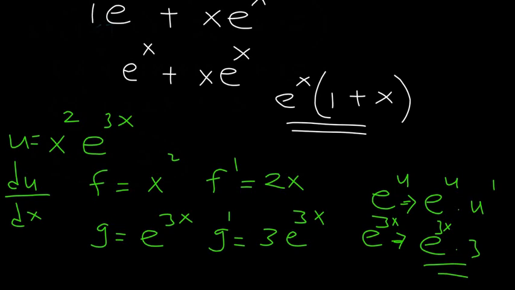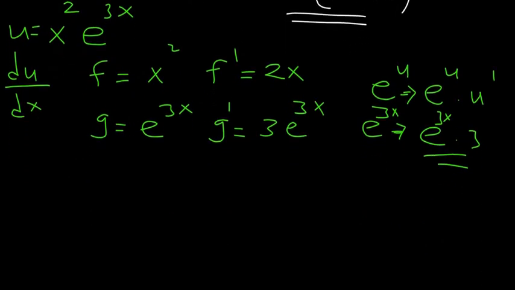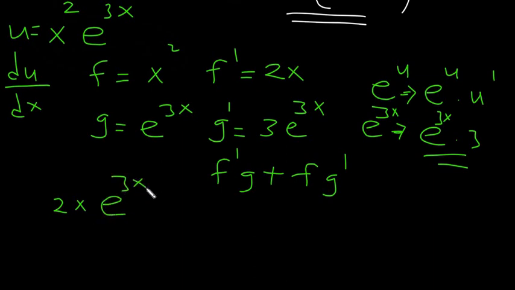So we now replace these values in our formula, that is f prime g plus f g prime. So we have f prime as 2x, multiplied by g, which is e raised to 3x, and then we add f, which is x squared, multiplied by g prime, which is 3e raised to 3x.